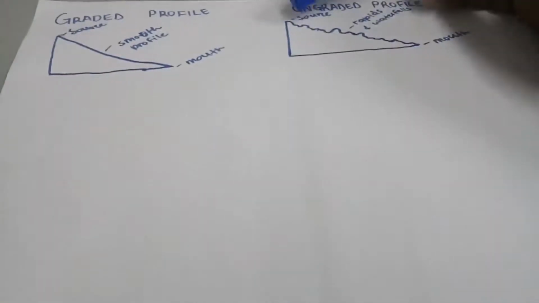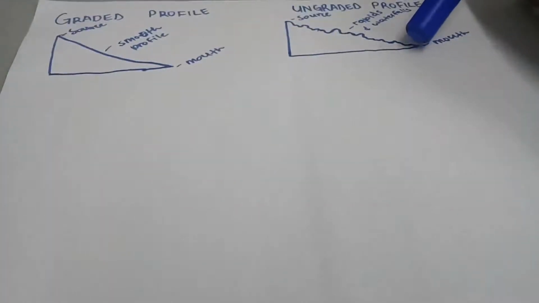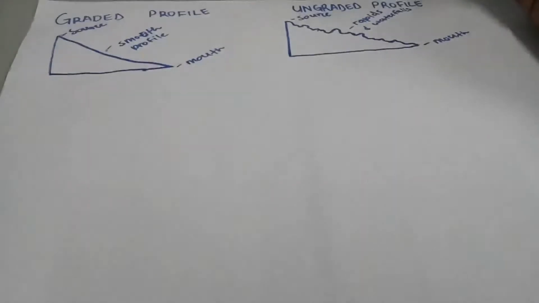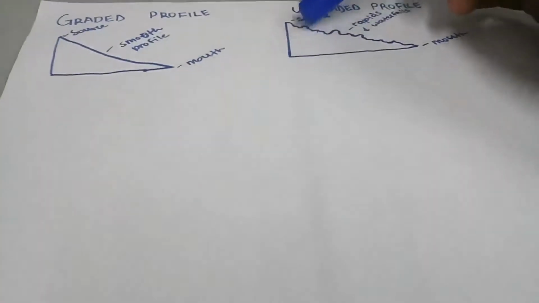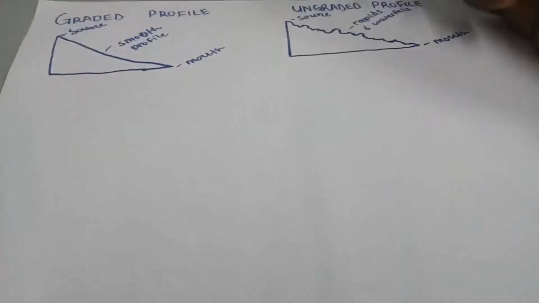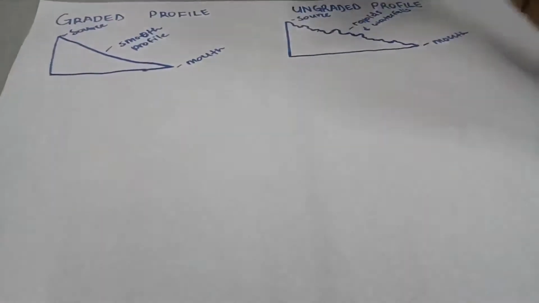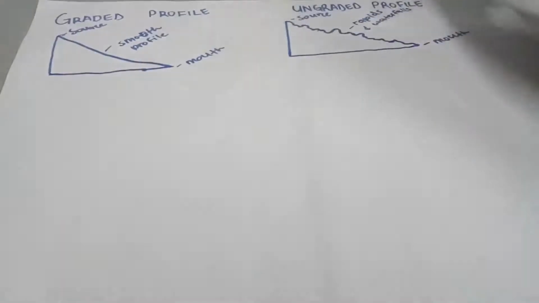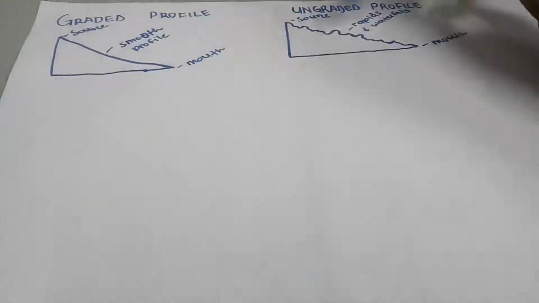Maybe in this area here was eroded, but the eroded material couldn't go to the lower course. It just fell on the way and formed some sedimentary rocks and so on, causing water movement to be more turbulent and more uneven. So causing rapids and waterfalls, as you can see. That's how it goes.